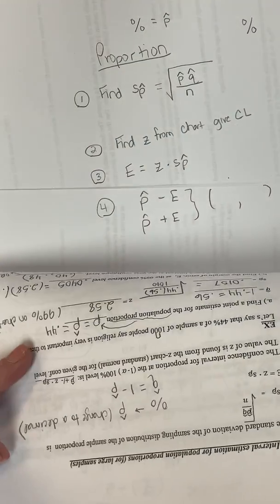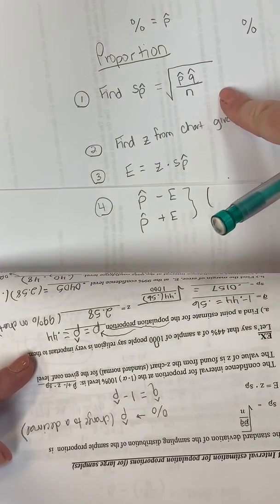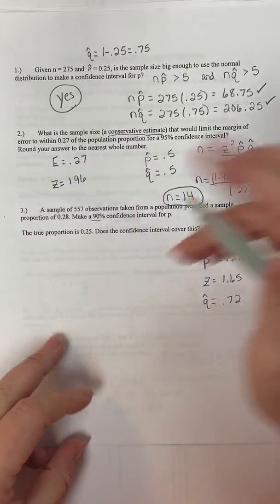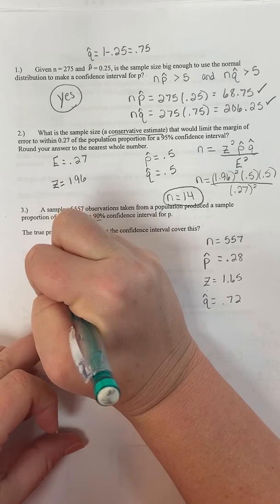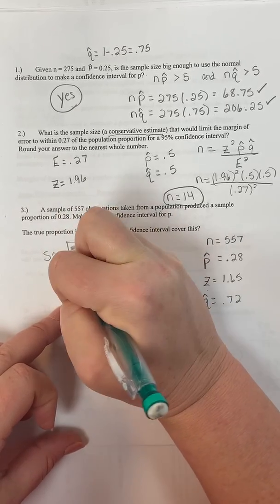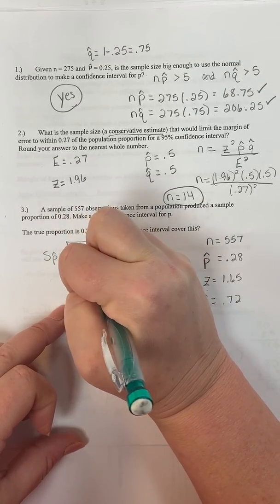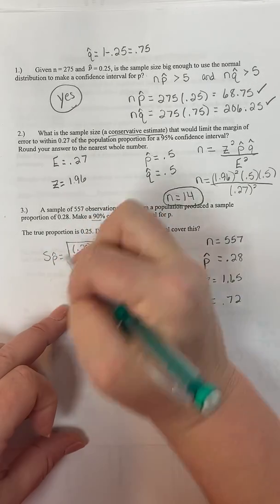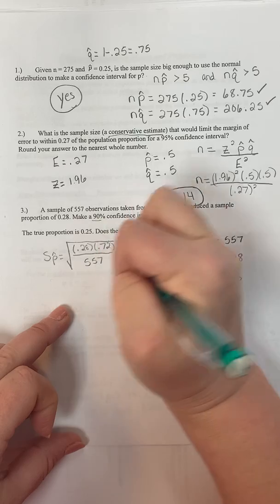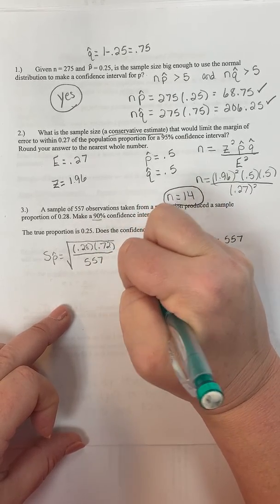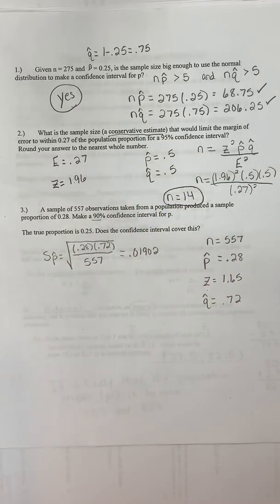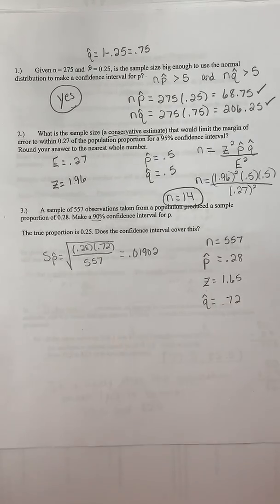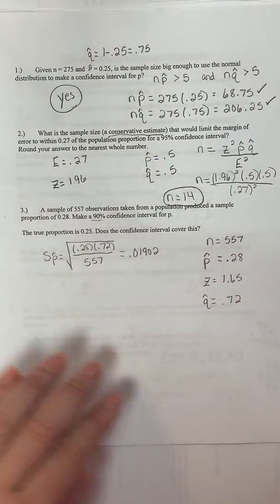All right, we're going to follow our steps. First step, we are going to find S of p hat. S of p hat is the square root of p hat times q hat all over 557, that's n. And I'm actually going out a little further on this one because otherwise there's not a lot of digits there.